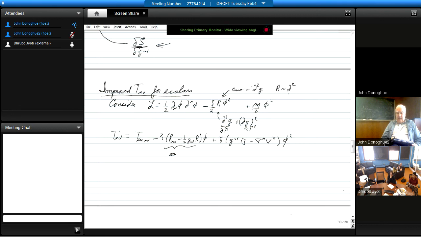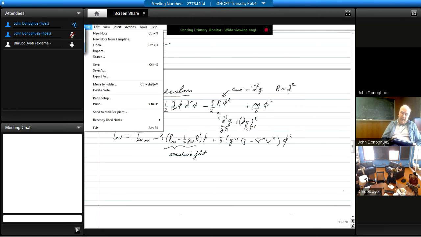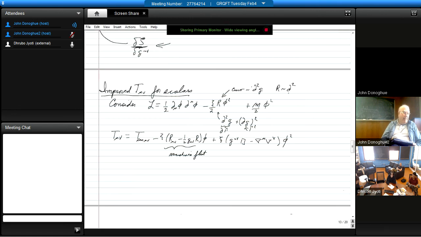In flat space, this guy vanishes. But the second term doesn't. It's a total derivative, but it still has a matrix element. So let's take k, T mu nu, k prime, and I only actually have this written down for a massless field, so let's drop the m.